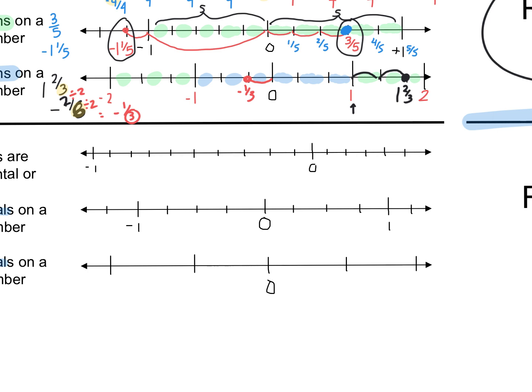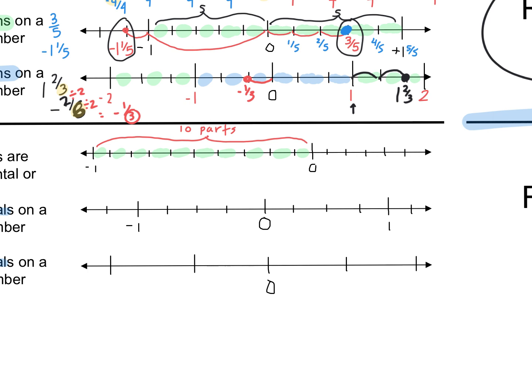And if you notice here, between 0 and -1, we have 1, 2, 3, 4, 5, 6, 7, 8, 9, 10. So my decimal parts this time, which by the way, decimals and fractions are the same thing, they're just different ways to write them, is 10 parts. We have 10 parts, right?